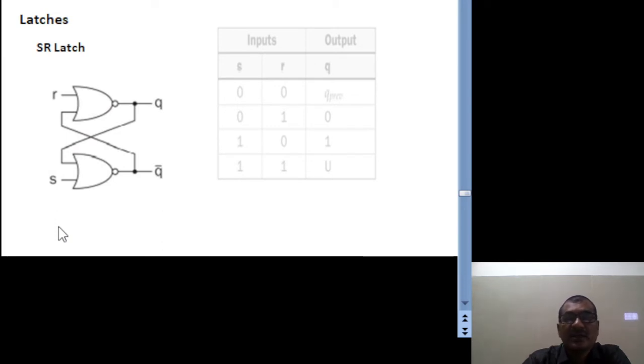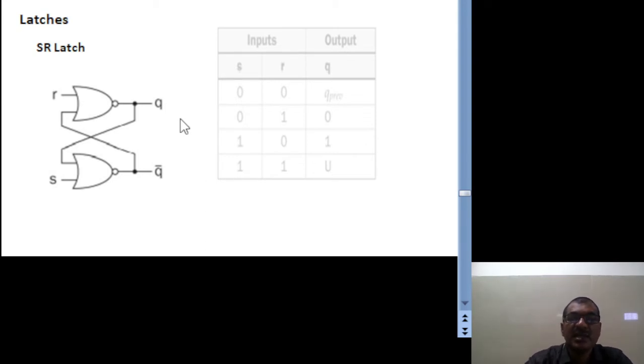I think you all know about the operation of the SR latch, and here I have taken the example of NOR gates. So what is its functionality? If both inputs are 0 0, that is R is 0, S is 0, you can identify the no change state, or previous state.